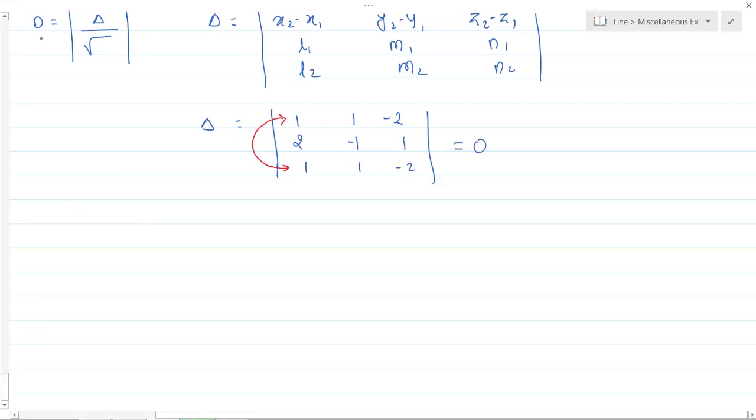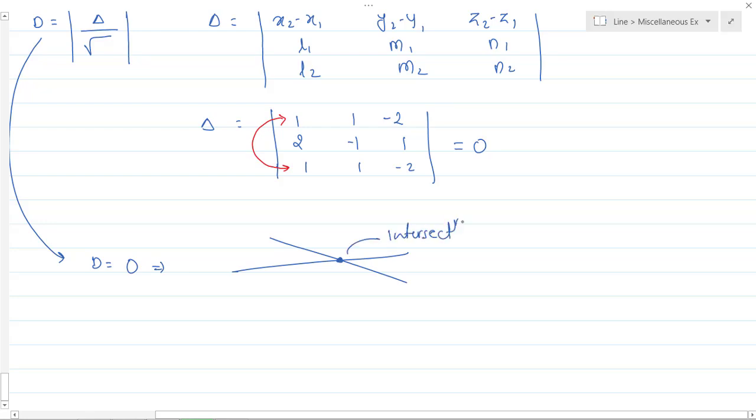So it is equal to 0. The distance d equals 0 means what? The lines are intersecting. This is nothing but the intersection point. So as this distance d is 0, what is your conclusion? The conclusion is very simple: the lines are intersecting.